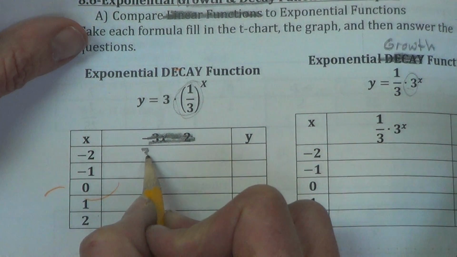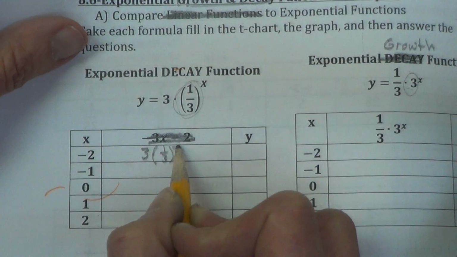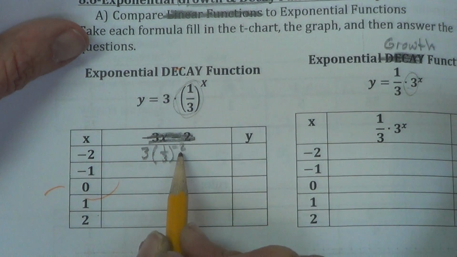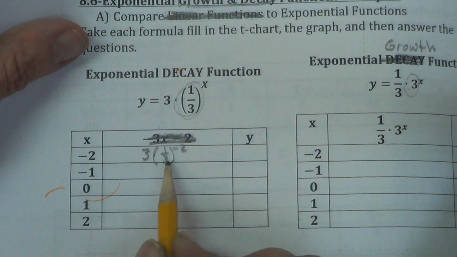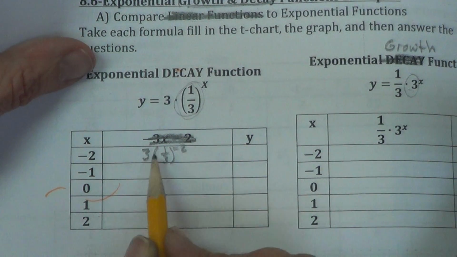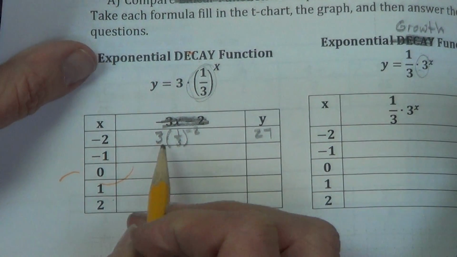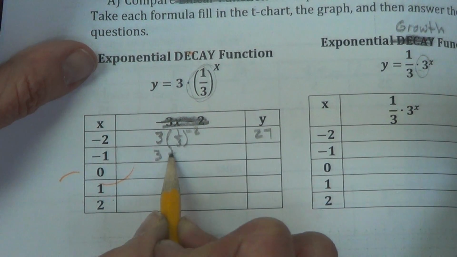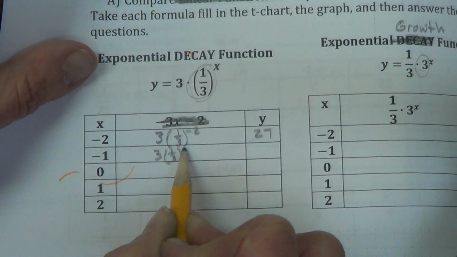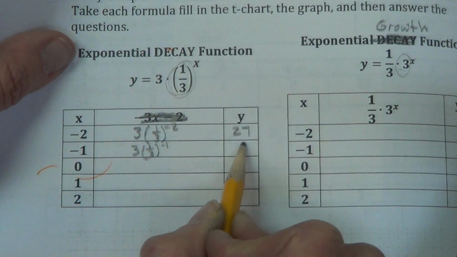So we have 3 times 1/3 raised to the -2nd. Now remember, with the negative exponent, we flipped it, so that would become 3/1 squared, which would be 9 times 3 is 27. 3 times 1/3 to the -1st, we would flip that 1/3, so it would become 3 times 3 is 9.